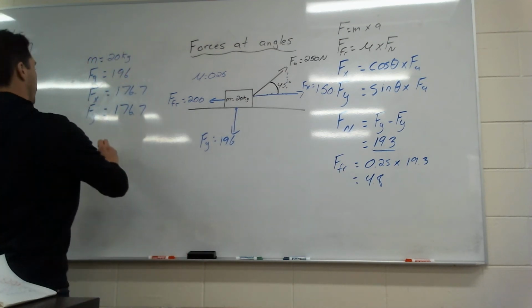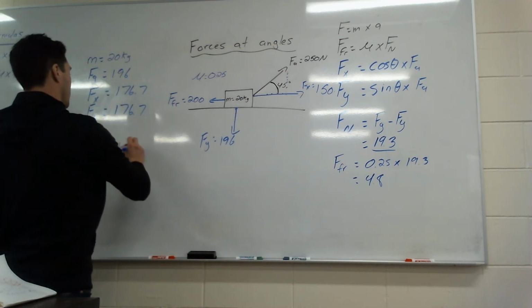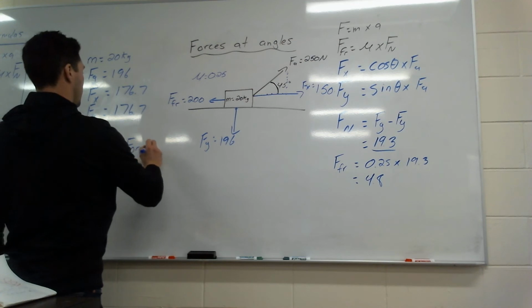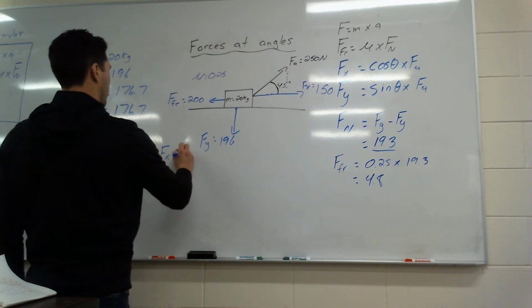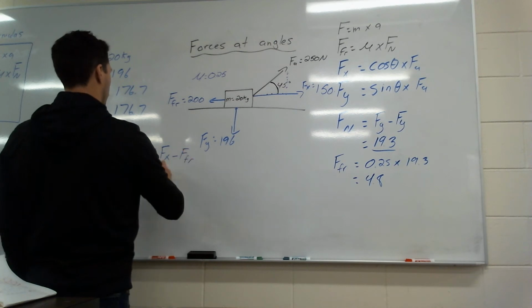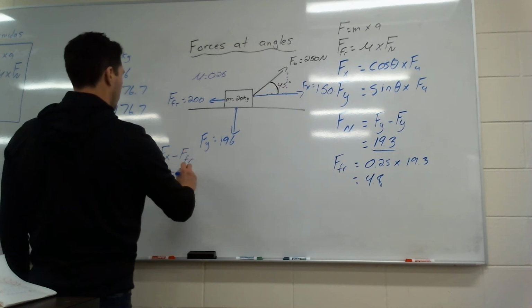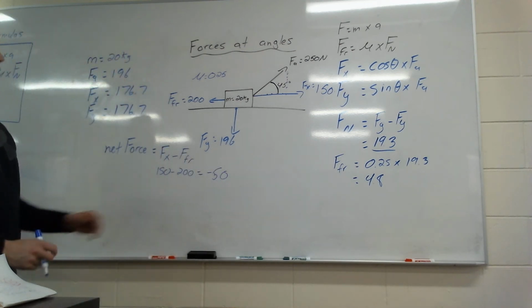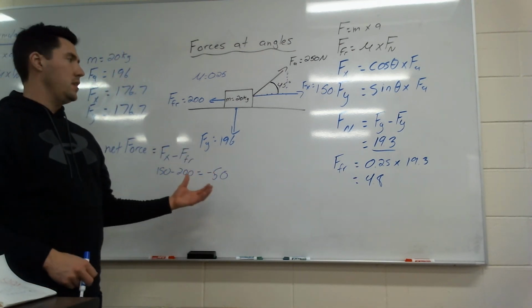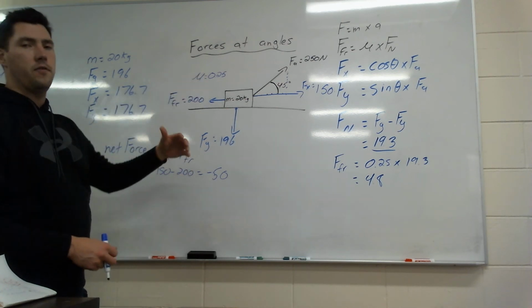All right, so let's find a net force. Net force is still Fx minus force of friction, which means 150 minus 200. So I get negative 50. If you kept using negative 50 and divided by 25, you'd get negative 2.